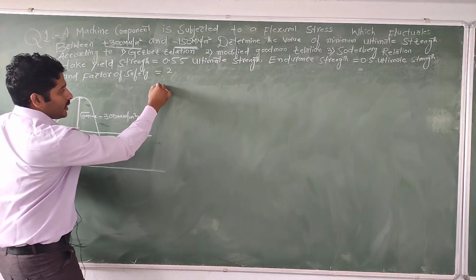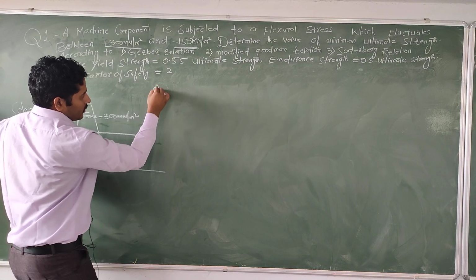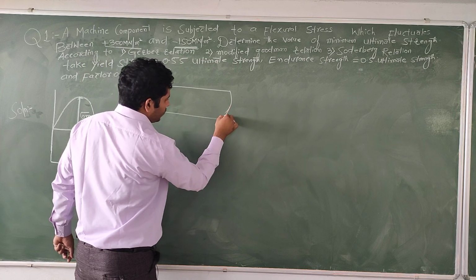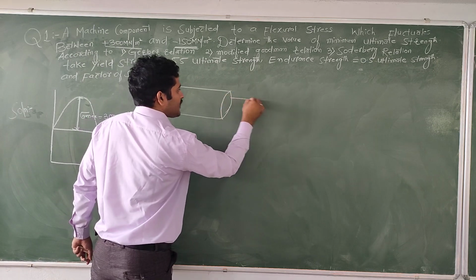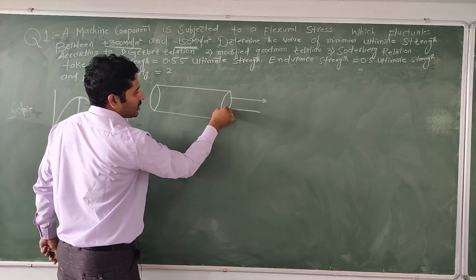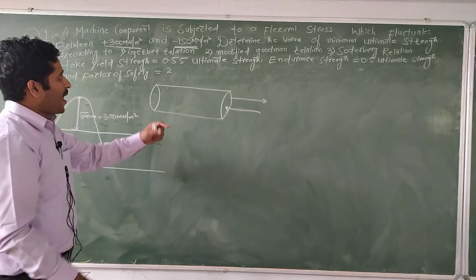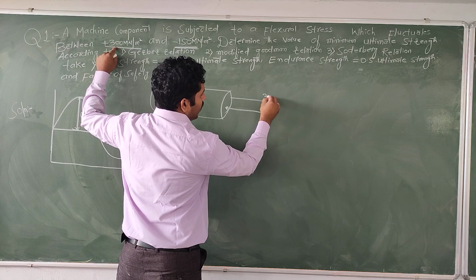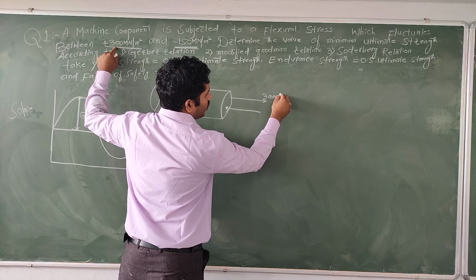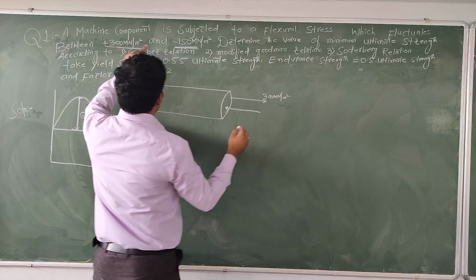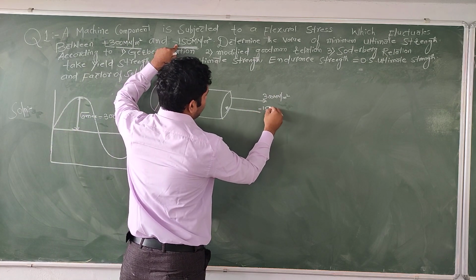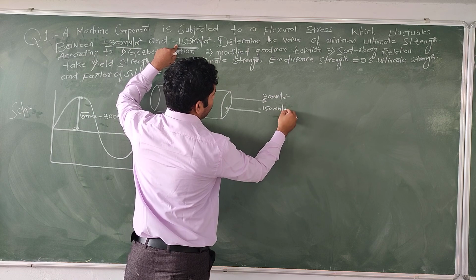Which force is acting here? Let us consider a component. On this component, the tensile force, meanwhile the compressive force, is acting. The maximum tensile stress acting here is 300 mega Newton per meter square, and the compressive stress is minus 150 mega Newton per meter square.